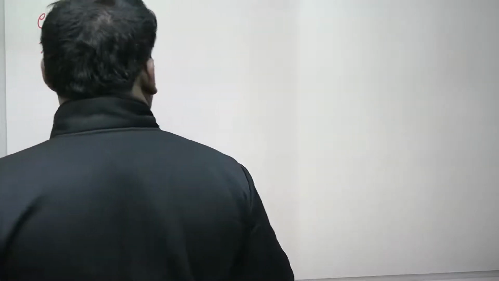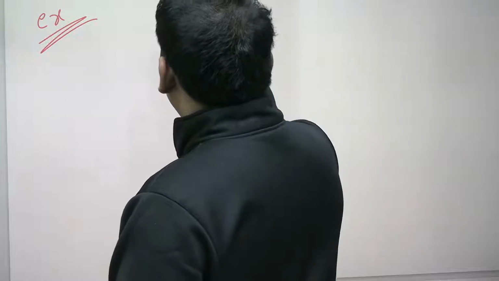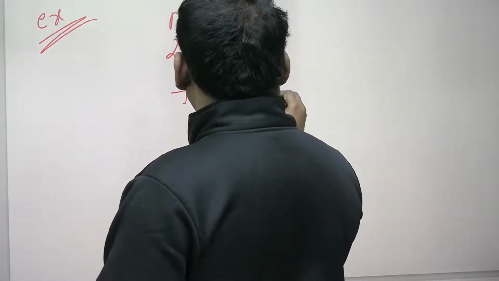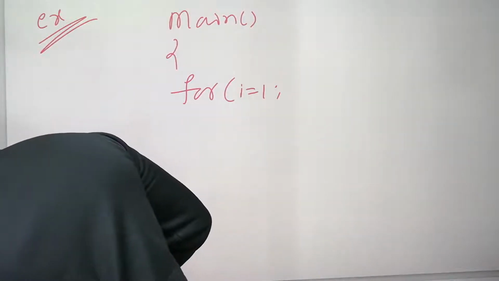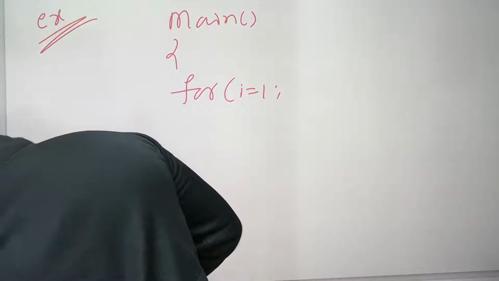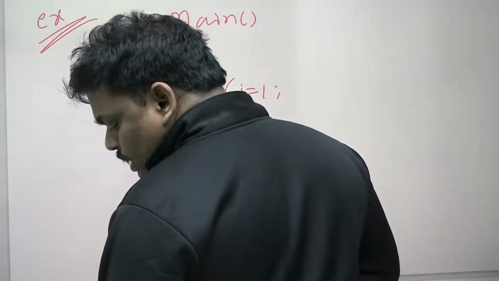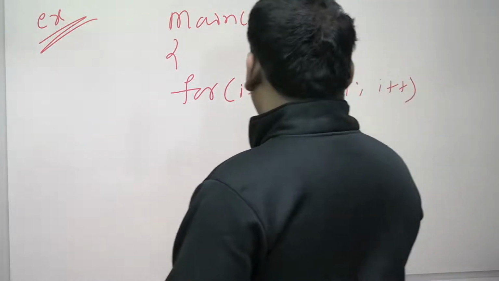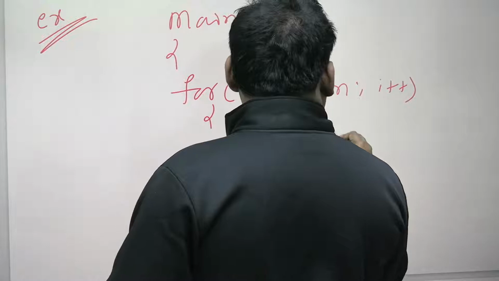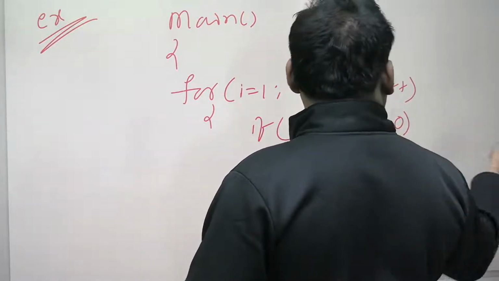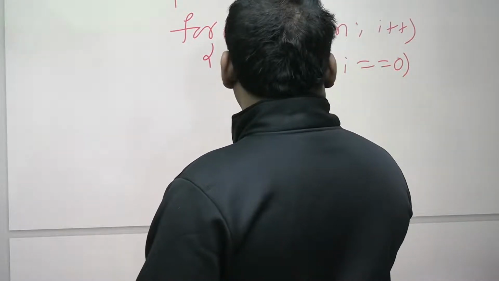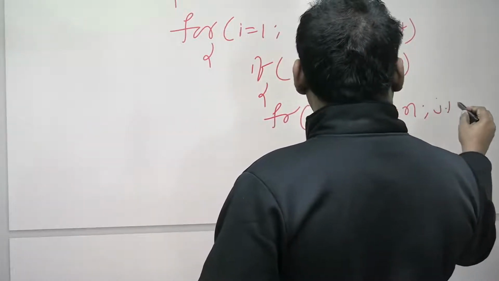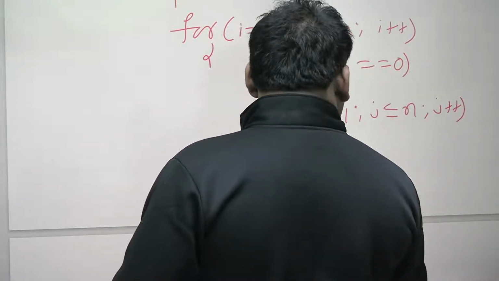So, a few time complexity questions are pending. I will try those. Main: for i = 1, i <= n, i++: if n modulo i is equal to 0, then for j = 1, j <= n, j++: x = y + z.